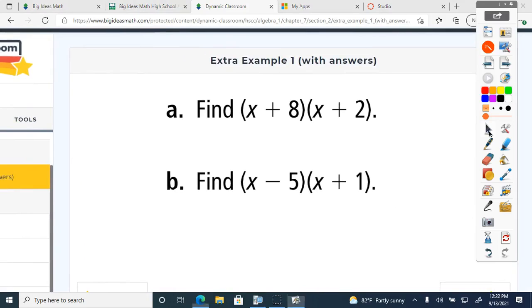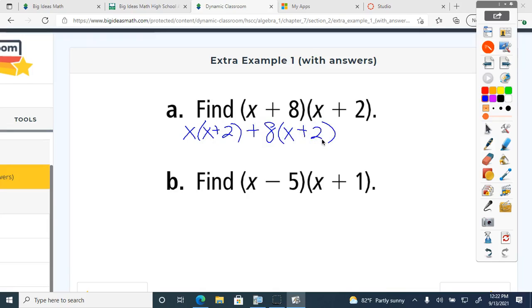All right, that'll work. So here, again, same 2 ways. We would say x times x plus 2 plus 8 times x plus 2.